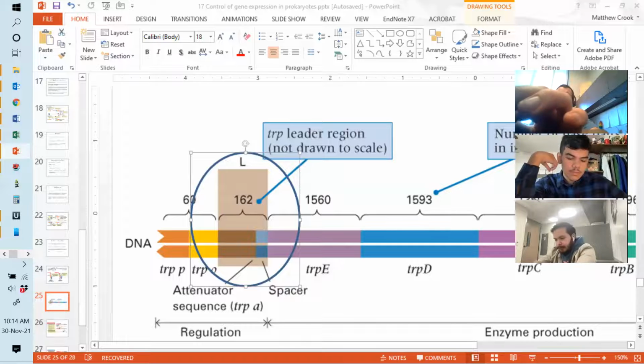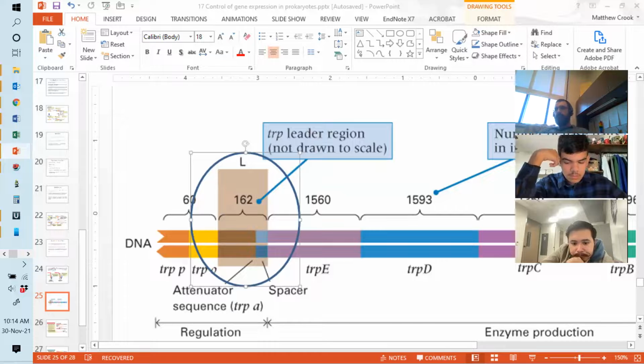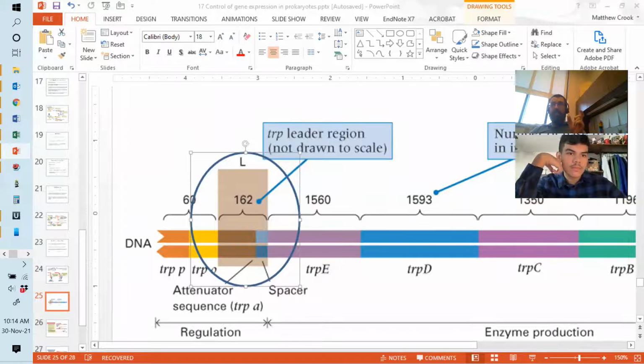Other conformation equals transcription stops. Attenuates is a fancy word for that. Because transcription has already begun, right? Because we've made the leader mRNA. What we're deciding is, does transcription continue into the structural genes, into TRPE? Right, that's what attenuation is all about.